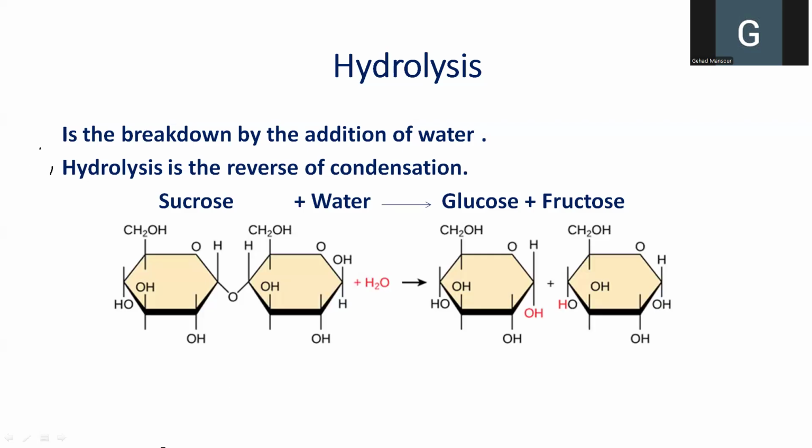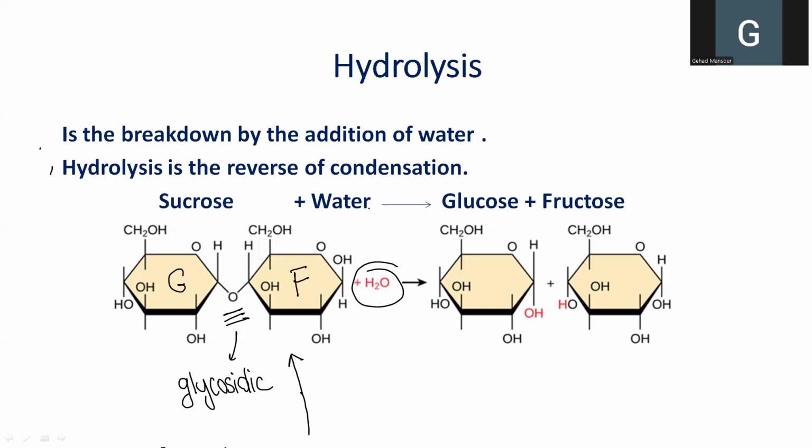So if you have a disaccharide like sucrose, for example, that essentially consisted of glucose and fructose, but whose molecules have lost a molecule of water and formed this glycosidic linkage between them, then in order to separate them again, you have to return their original water to them.